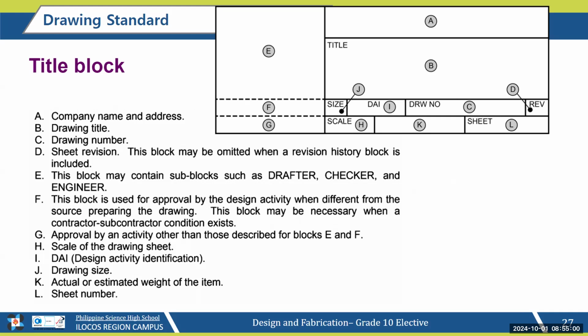K is the weight or the actual weight of the item, if possible. And L is for the sheet number in order to track the sequence of multiple sheets. So the title block ensures that anyone looking at the drawing has all the relevant information at hand.